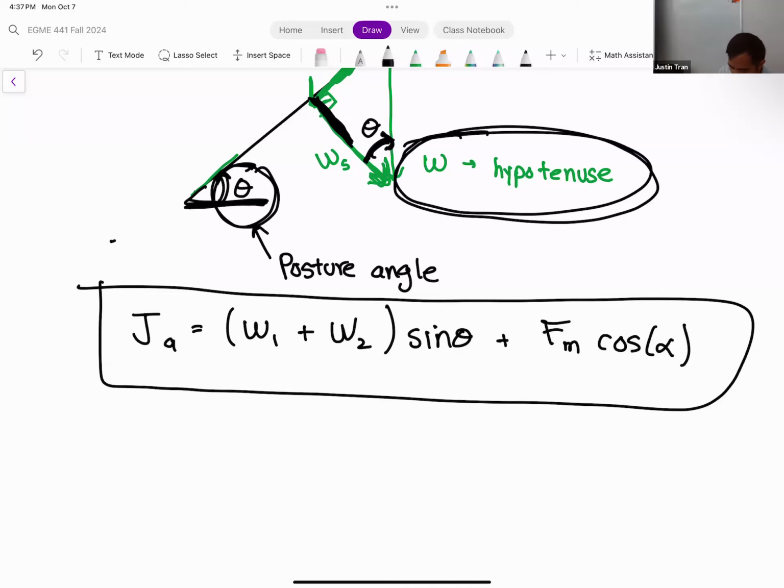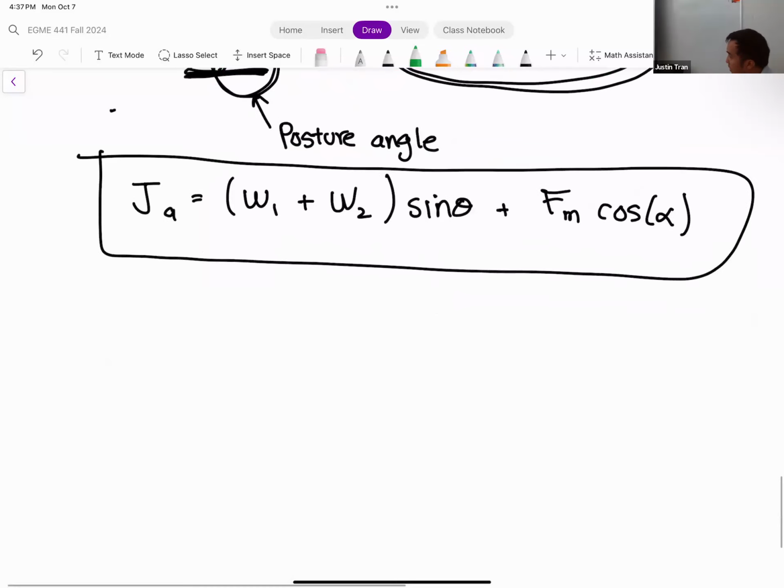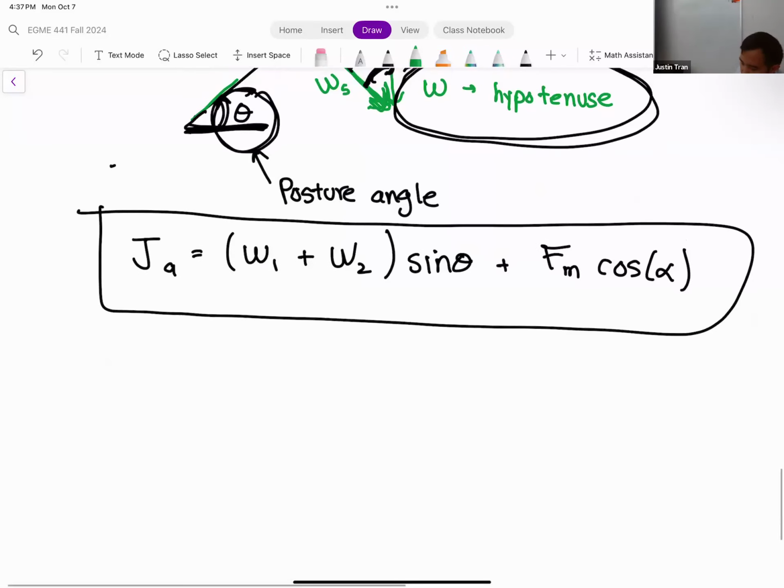Once again, let's look at the dependence of this on theta. This axial joint force is one that's of strong interest to us, because this is the joint reaction force that's going to compress the spine.